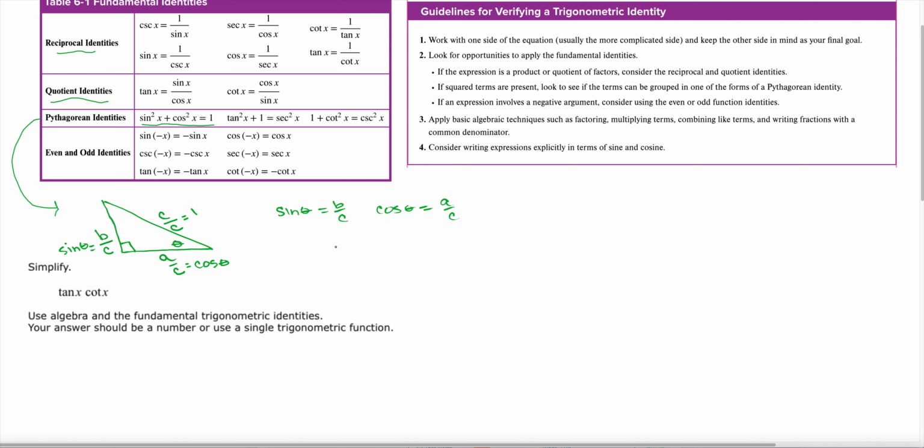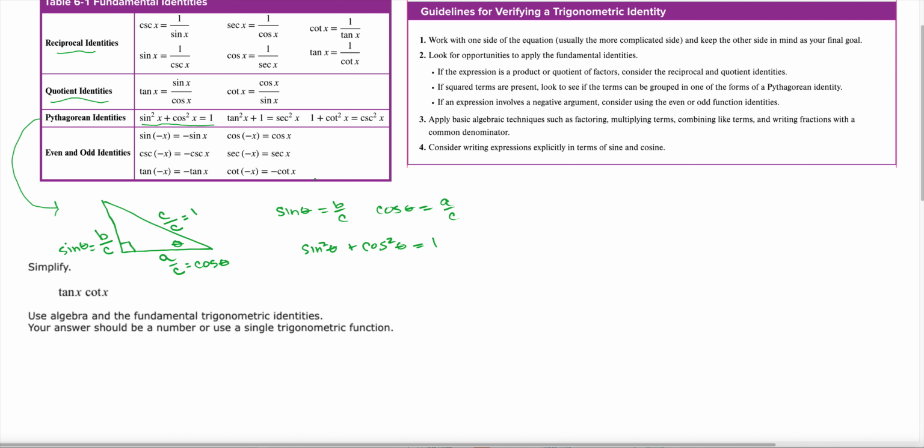So the Pythagorean theorem says that one leg squared plus the other leg squared equals the hypotenuse squared. So that would mean that sine squared theta plus cosine squared theta is equal to 1. And so that's where that identity comes from. We could do similar things to consider the other two.